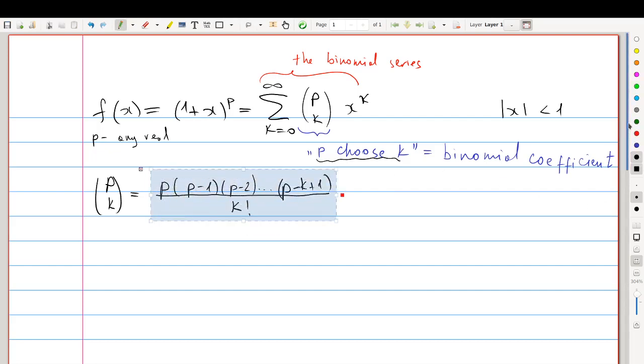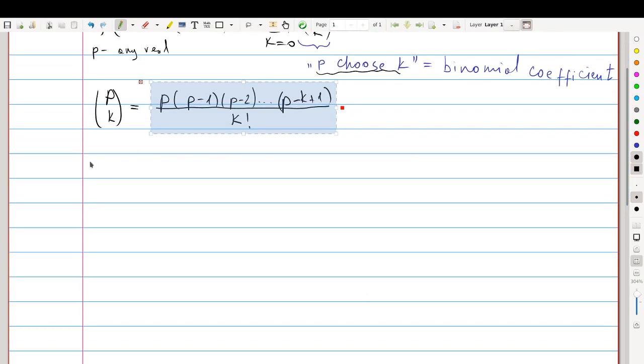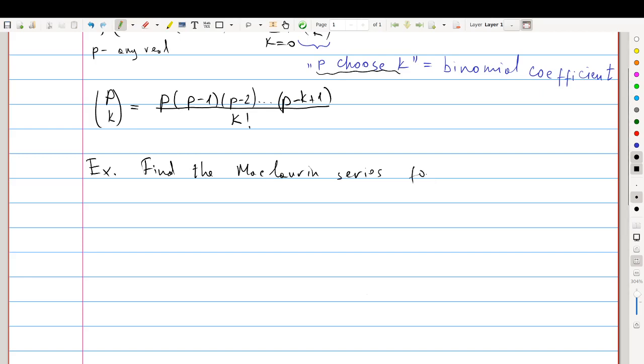Now, in this video, let us discuss how this formula can be useful and where it can be applied. Let us consider the following example, in which we're asked to find the Maclaurin series for f(x) equal to 1 over the square root of 4 minus x.